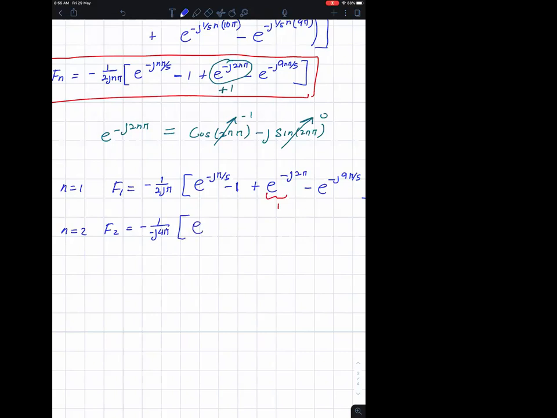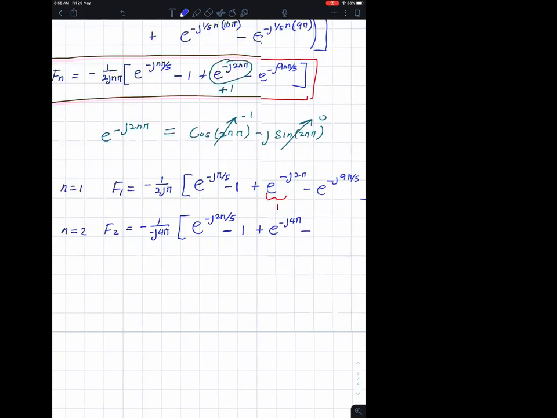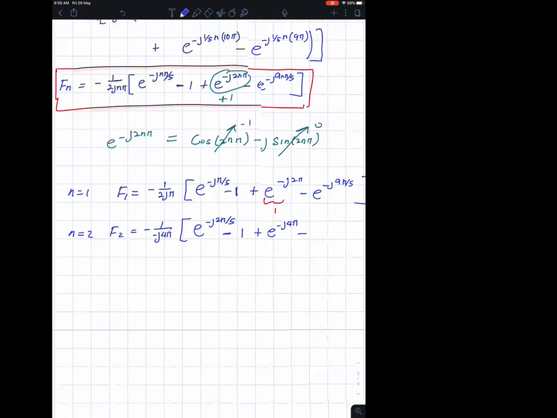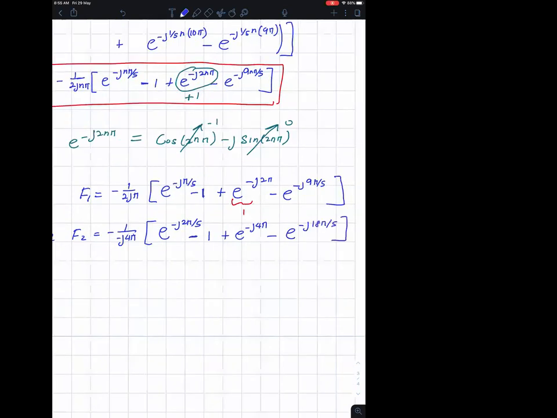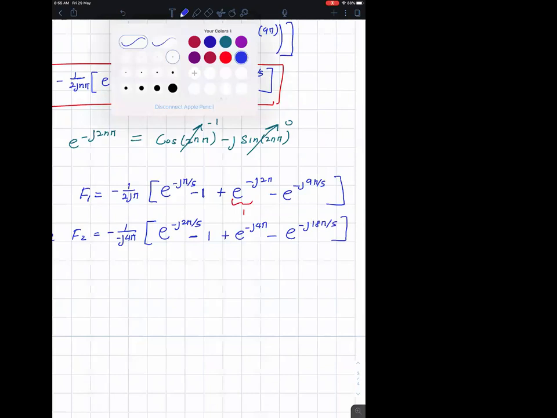And then this is going to be minus j 2 pi over 5. And then on this side is minus 1 plus e to the minus j 4 pi. So again, this also is going to give you 1.